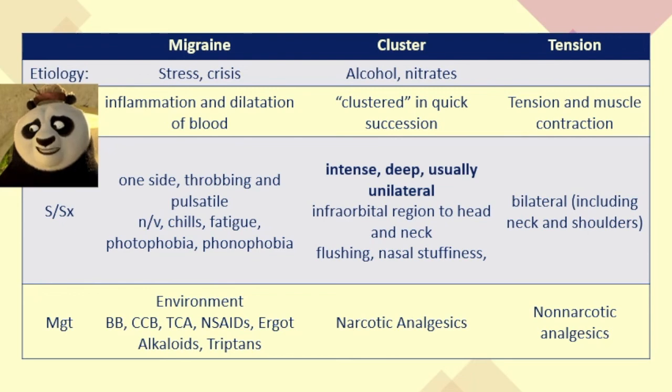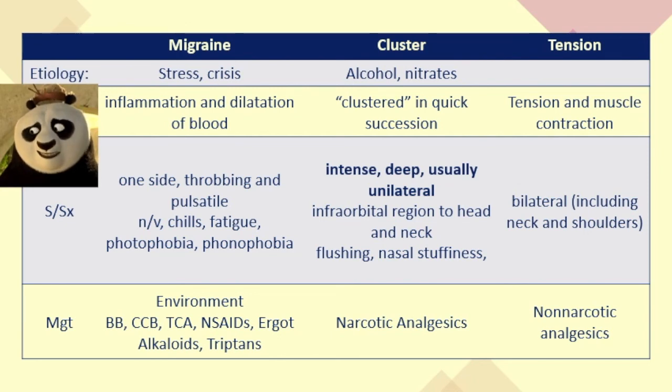Whereas class, your tension headache is related to tension and muscle contractions. Your tension headache is not usually unilateral, unlike your migraine and cluster headache. Your tension headache has a big tendency to be bilateral and would include even the neck and the shoulders. Class, for your cluster headache, the drug of choice will be narcotic analgesics.